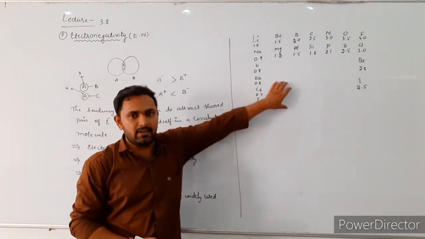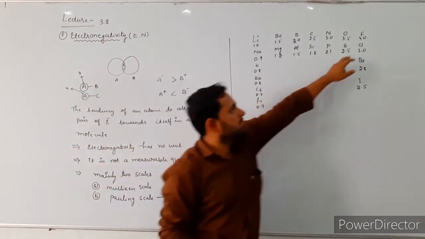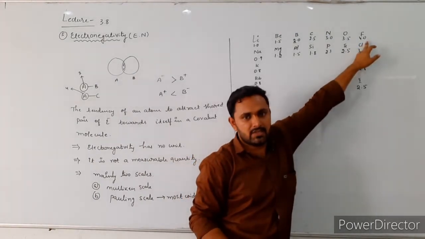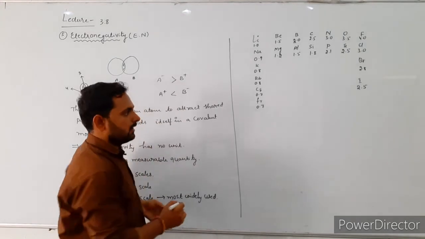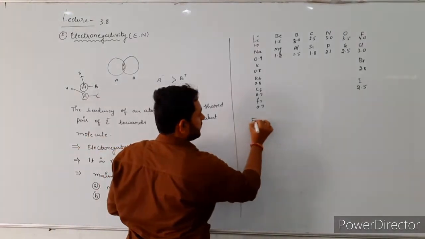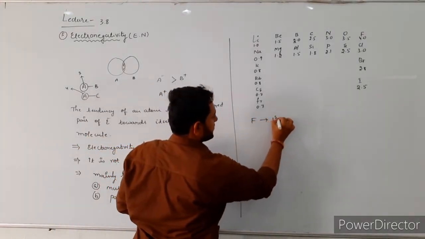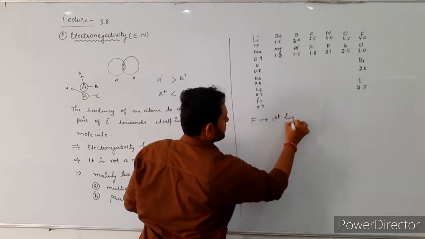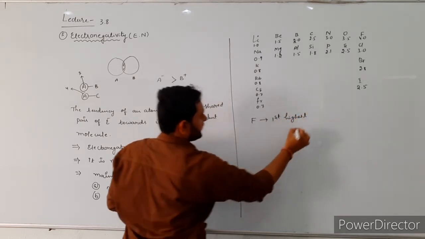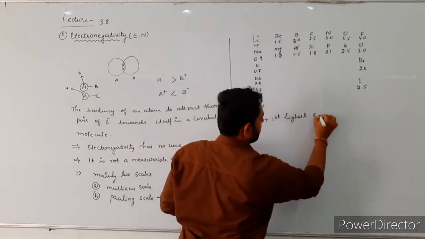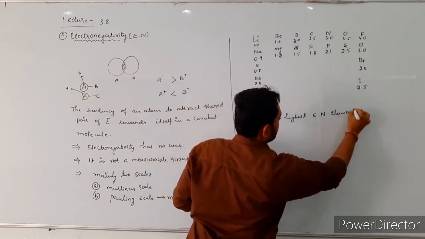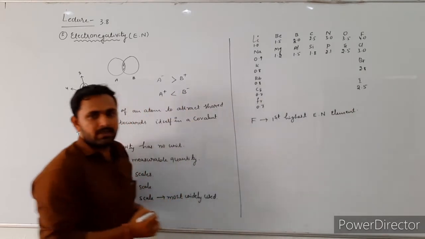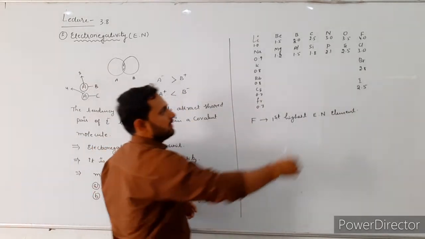According to these values, fluorine is the first highest electronegativity element in the periodic table. Next, which is the second highest electronegativity element?